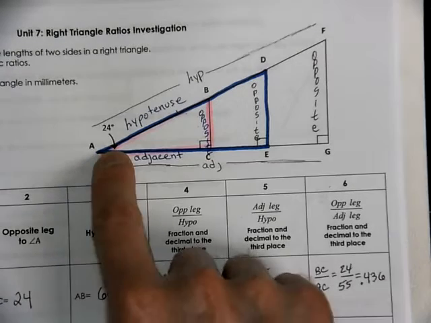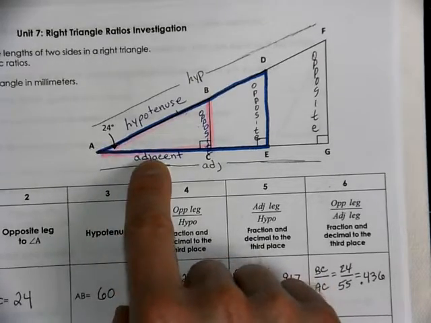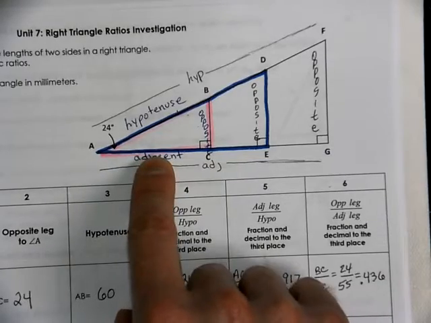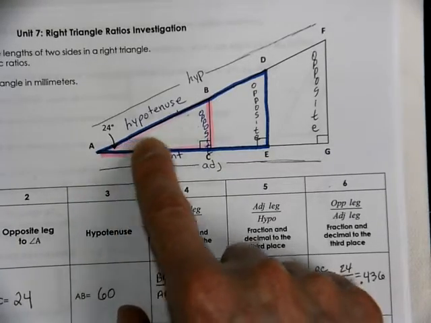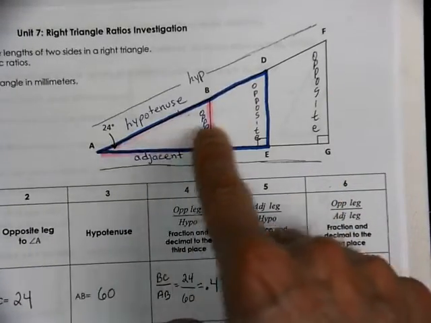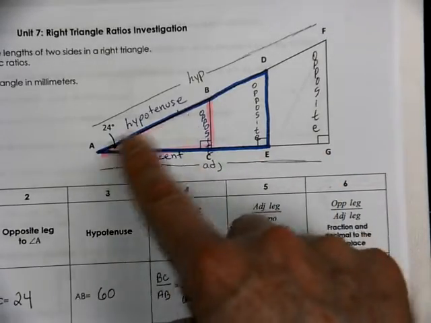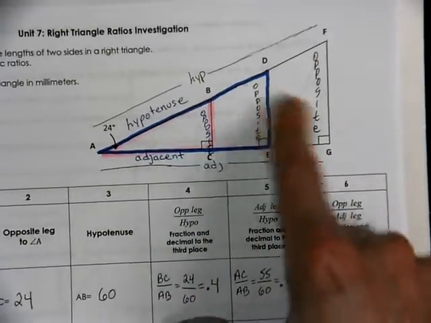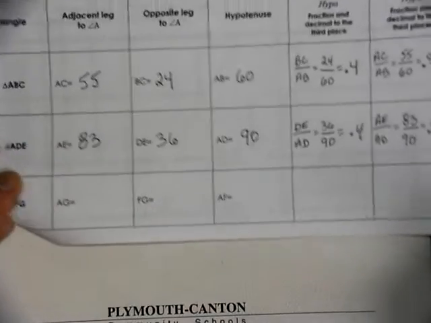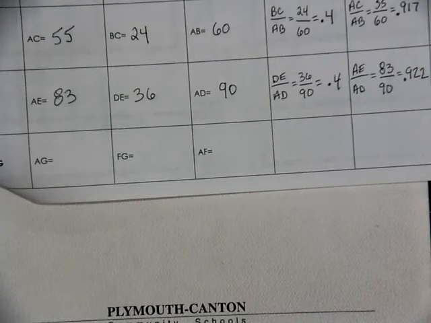The adjacent side is not the hypotenuse. The adjacent side is the leg that helps make that angle. That's always your adjacent side. The opposite side is always the one that does not make the angle, always the one across from it. And then, of course, the hypotenuse is the longest side, or the across from the 90. So go ahead, pause the video, do some measurements, come back and check it out.